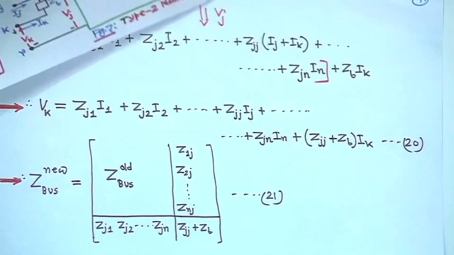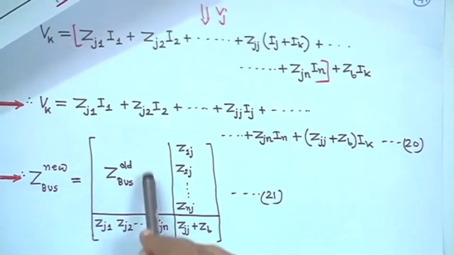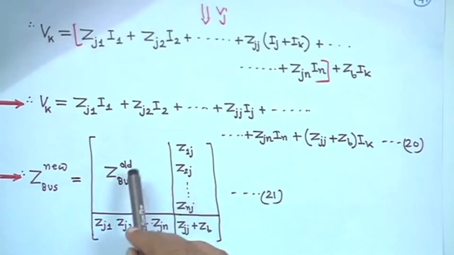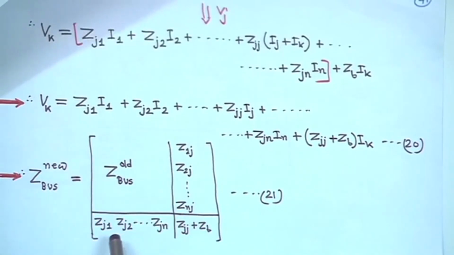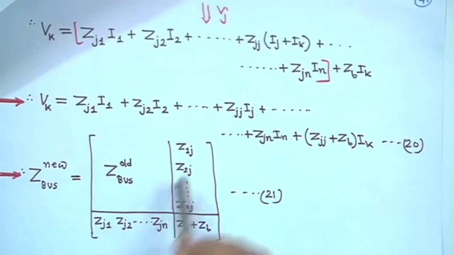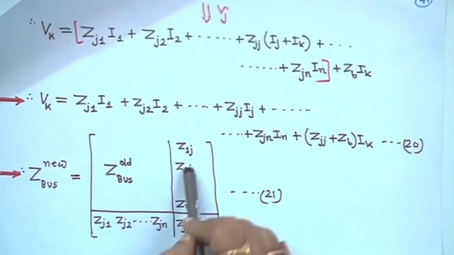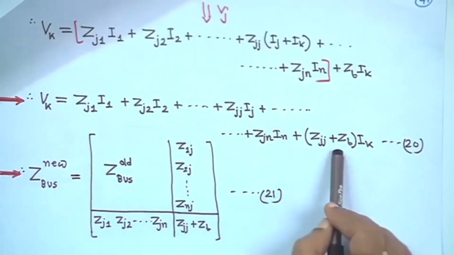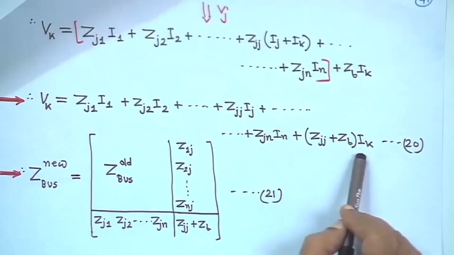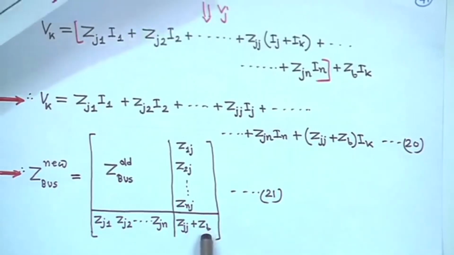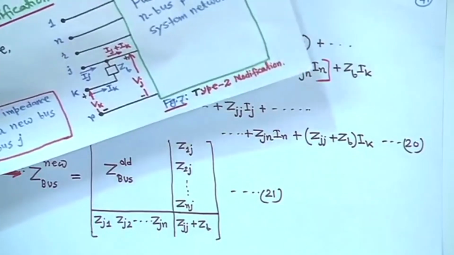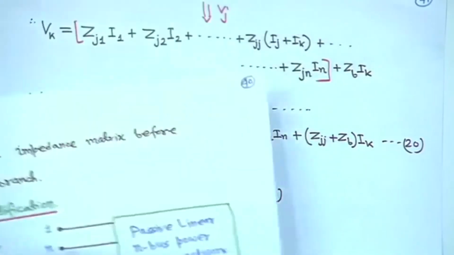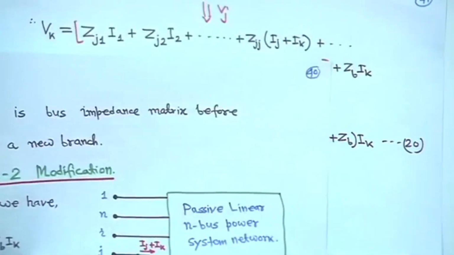That means, in this equation, Z bus new, Z bus old will be there, and the last one, the kth one, will be Zj1, Zj2, Zjn. It is a symmetric matrix. Zj1 means Z1j, Zj2 means Z2j, Znj, and the last diagonal one is Zjj plus Zb. This is Zjj plus Zb, right. That is why I was writing this one.